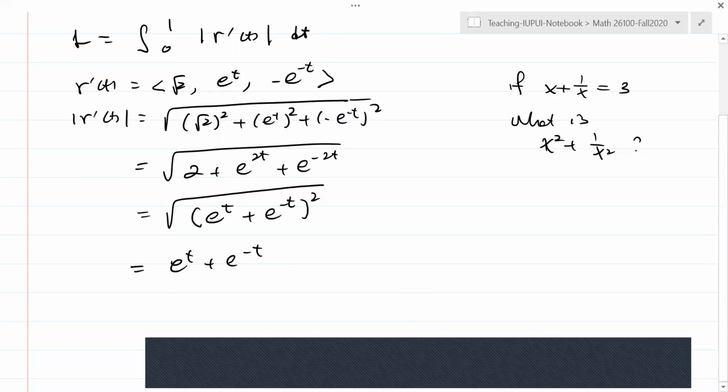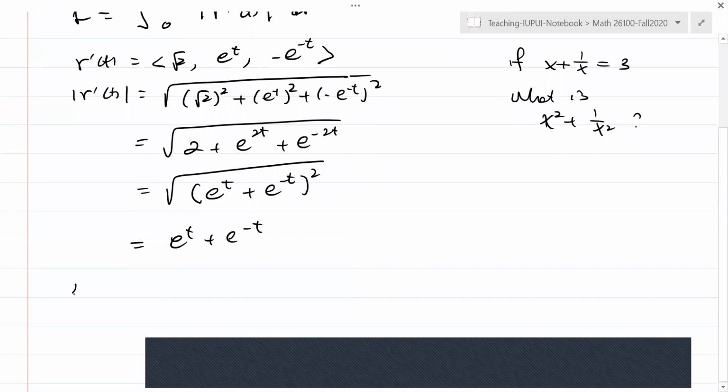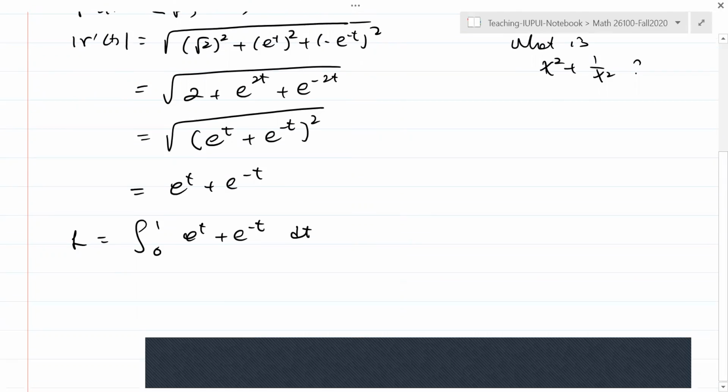Now, in some problems, you cannot get rid of the radical, but you can still use a substitution to simplify the integral. Okay, so L is going to be the integral from 0 to 1 of e to the t plus e to the negative t dt. Then you find the antiderivative for each of them. The first one is e to the t, the second is negative e to the negative t.